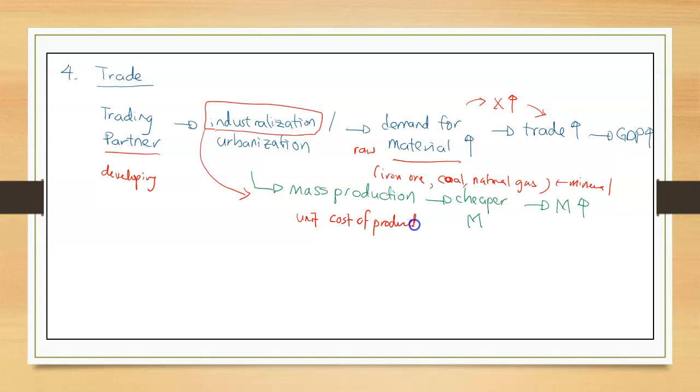When the unit cost of production is lowered, then of course Australia will benefit, because we will get cheaper imports. When we get cheaper imports, our import spending would increase. How does increasing import spending benefit Australia? One very straightforward answer would be that it increases our standard of living. The standard of living of Australians would increase because we have more choices.